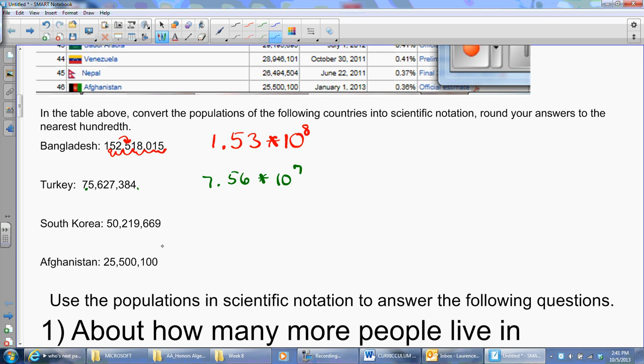And South Korea, let's go in here. And so we'll call it 5 and 2 hundredths. And I believe that's the 7th power as well. And then finally, Afghanistan, 255 hundredths times 10 to the 7th.